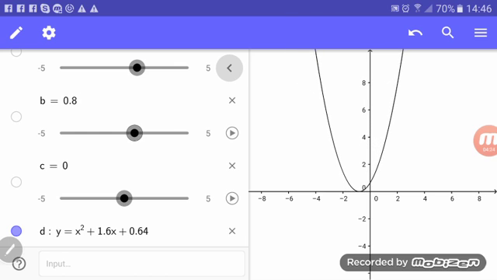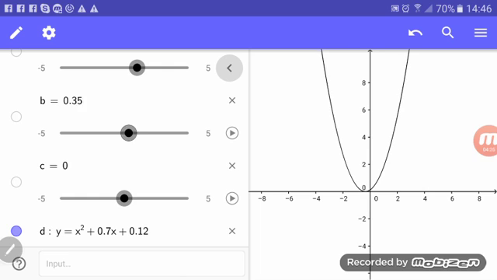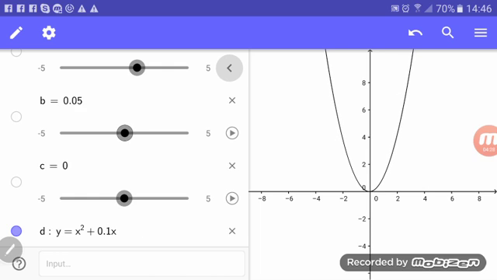Now, what's happened to the graph? So, as b increases, the more of a shift the parabola has to the left. So, the turning point actually goes into negative numbers for x.